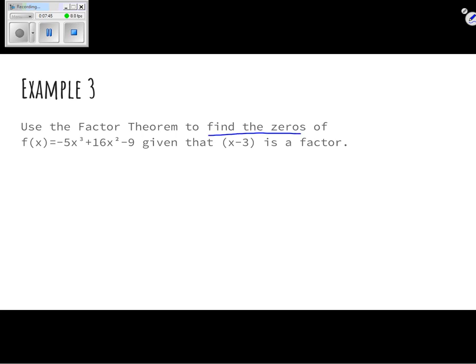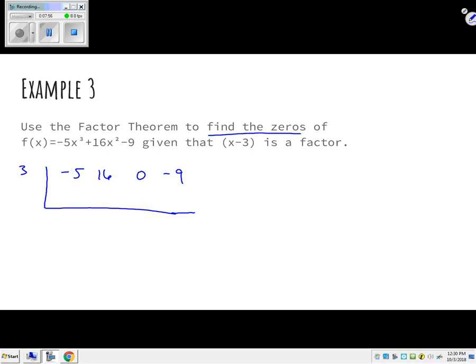So go ahead and pause the video, give it a go, and see if you can find the zeros. Did you remember your placeholder right here? Hope you did. If not, go back and put it in and try the problem again.